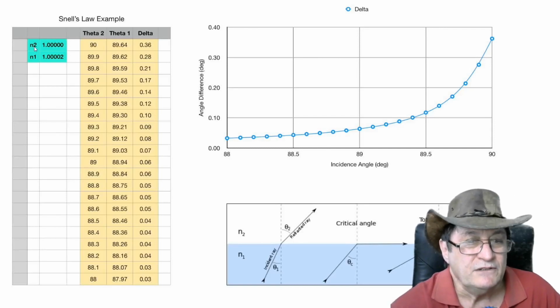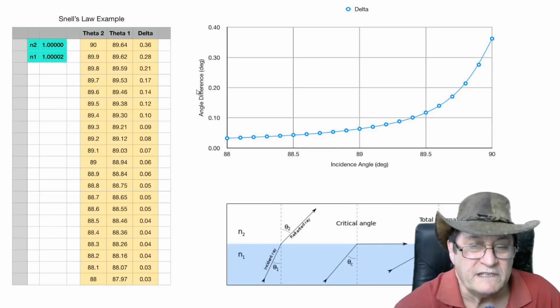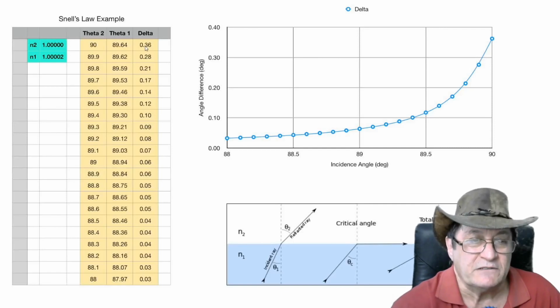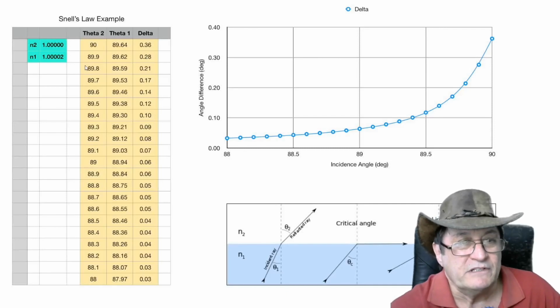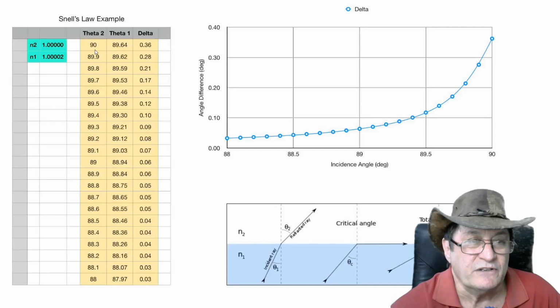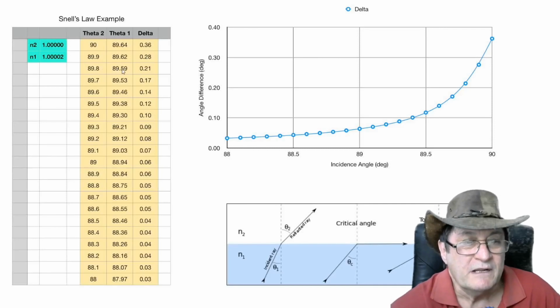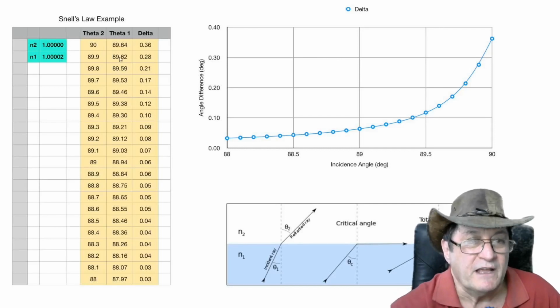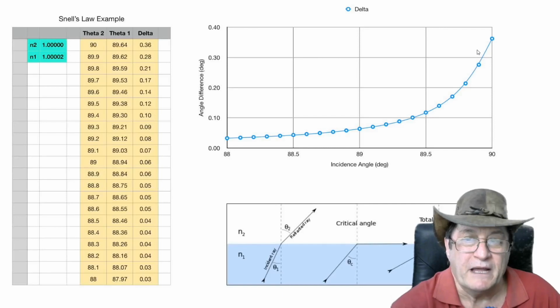So he's used Snell's law here to graph something. Now, what is actually graphed is a delta, which shows that as you approach the 90 degrees, which is 90 degrees to the normal, which is a horizontal viewing angle, the delta gets bigger and bigger.